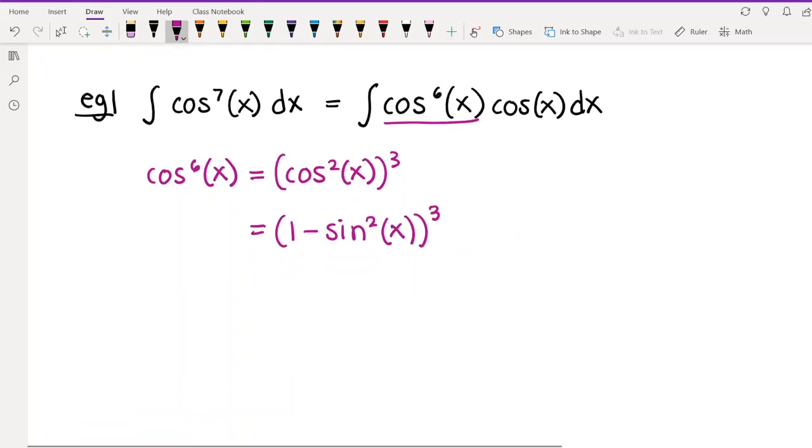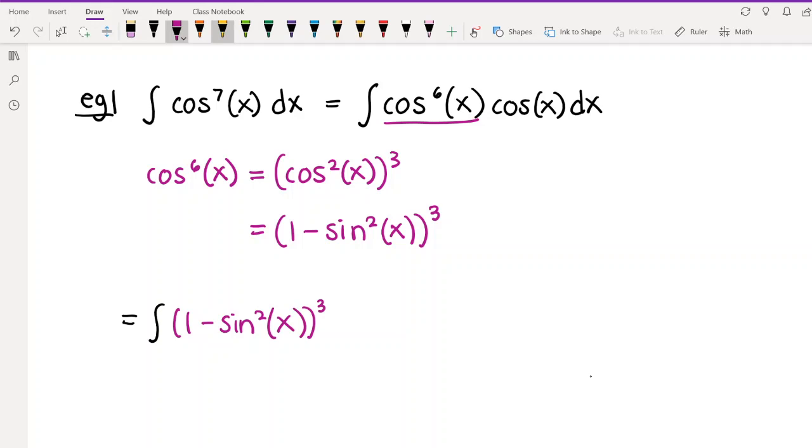And so even though the integral initially did not have any sines in it, we can introduce sines, and then that will allow us to actually do the substitution. So we're going to have 1 minus sine squared of x cubed times cosine of x dx.